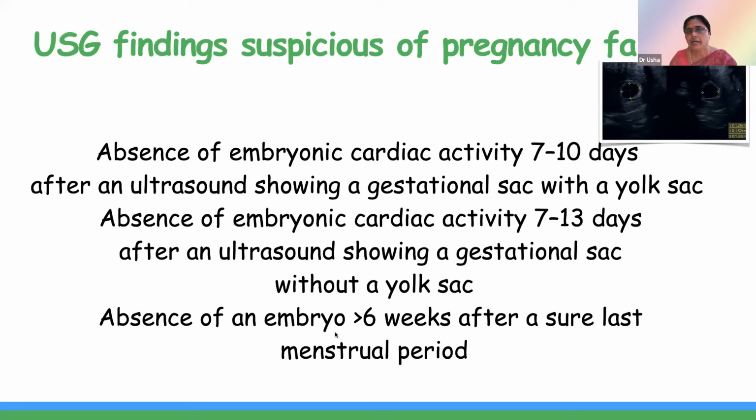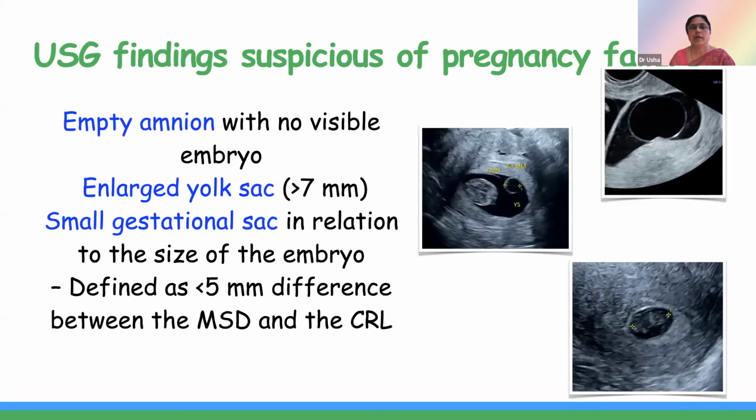All these raise the suspicion, but still you cannot conclusively say that this is pregnancy failure. You will have to wait a few more days before we call it a pregnancy failure.